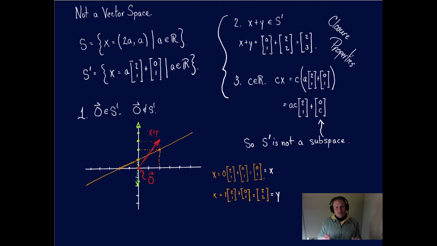But this one failed both closure properties: when you took pieces from itself and put them together, they ended up in another place, and so closure failed. So that's an example of what would happen when a space is not a vector space.